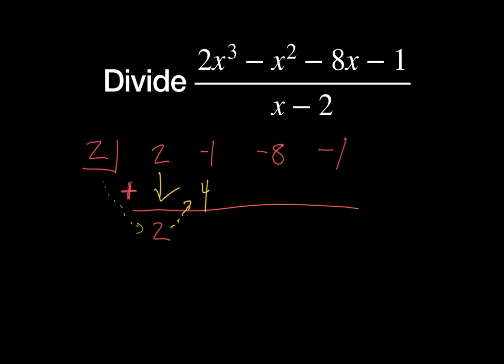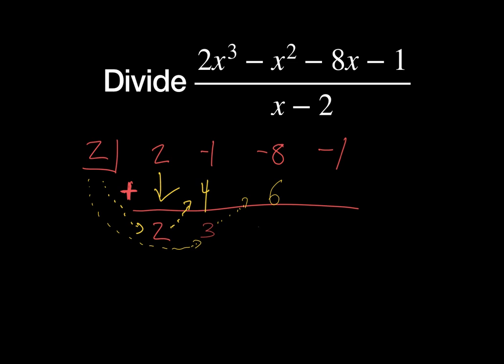What I like about synthetic division is we add. With regular division, we subtract, and then you get a lot of negatives, and it's hard to make sense. So we go negative 1 plus 4 is 3. Then we go 2 times 3 to right there. 2 times 3 is 6.